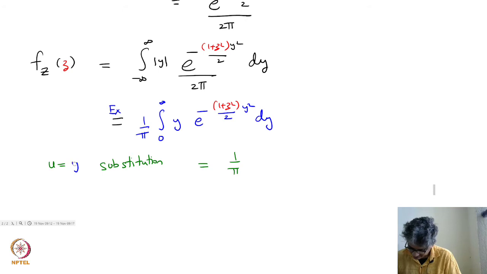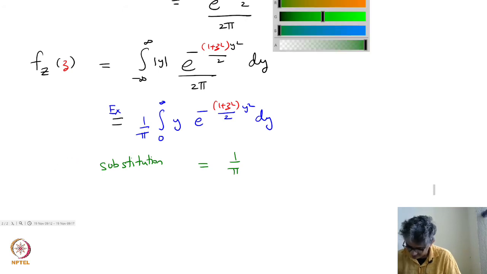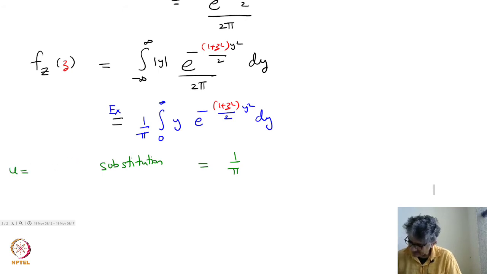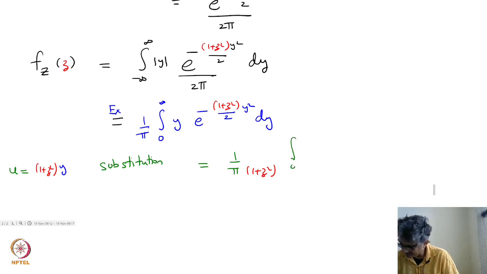I want to do something a little more general. Let's say u is equal to 1 plus z squared times y squared. That will be the best one. So I just get 1 over pi times 1 by 1 plus z squared on the outside, and inside I get the integral from 0 to infinity of e to the minus t over 2 dt.